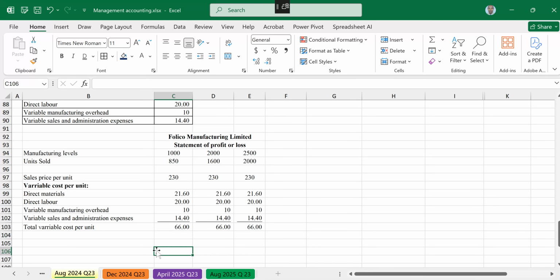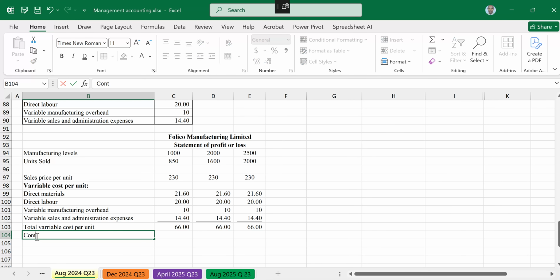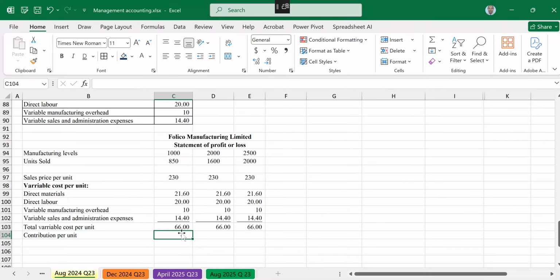Then get contribution per unit. Contribution per unit will be equal sign, the 230 minus the total variable cost per unit. That will give us 164 for each case.